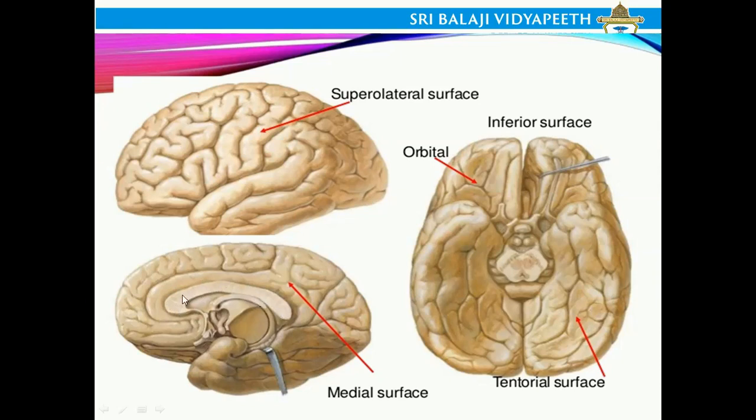The corpus callosum is the tissue that helps in coordination between the right cerebral hemisphere and the left cerebral hemisphere. So the surface that has that C-shaped structure is the medial surface of the cerebrum. This is a point of identification for you to know that you're holding the brain facing the medial surface, and this is the surface of the brain that is seen on the inferior side.